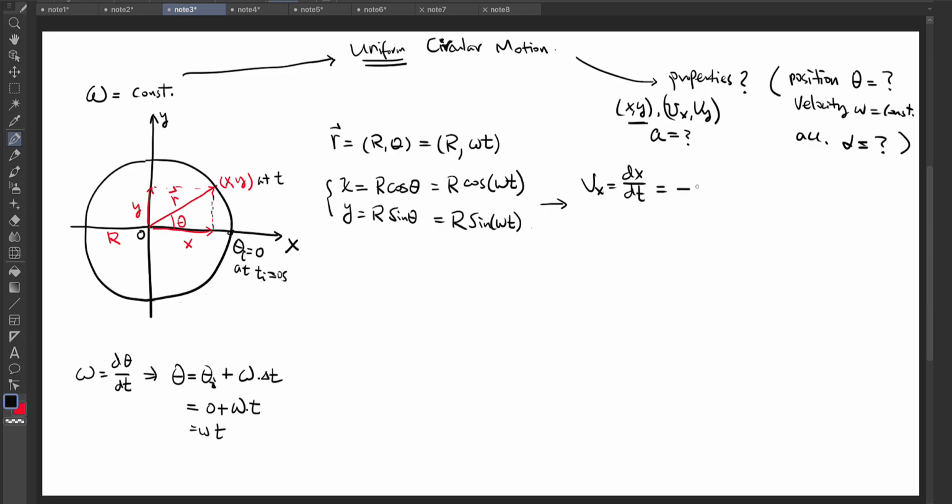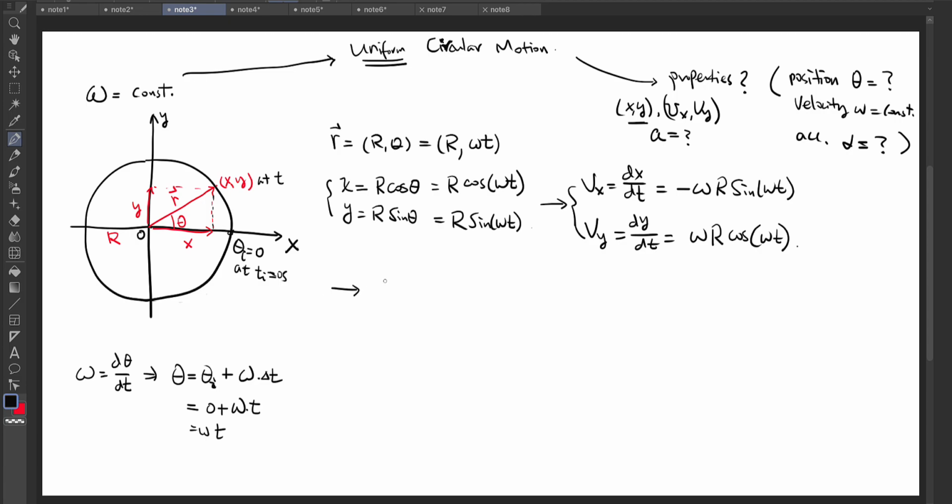So it's negative omega r sine omega t when you take the derivative of this x expression. Vy is dy dt, and it's given by omega r cosine omega t. Be careful, the derivative of a sine function gives you a positive cosine function. Now that's the velocity. You can say in this sense that we already know the velocity of this object at any instant.